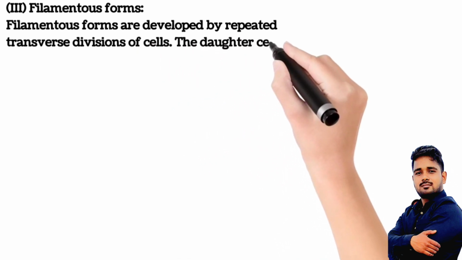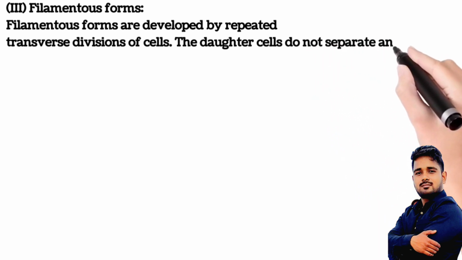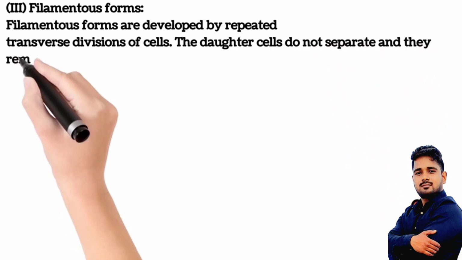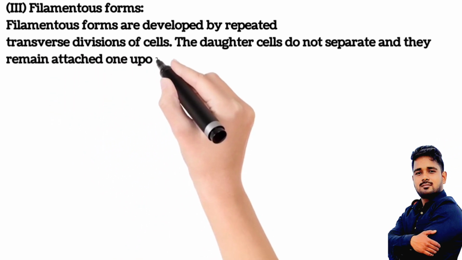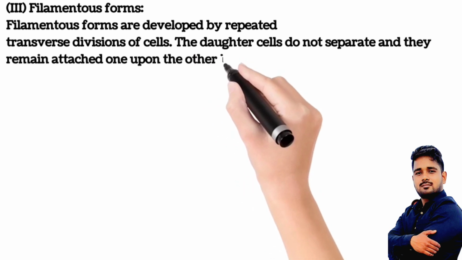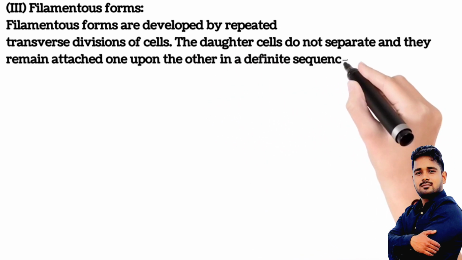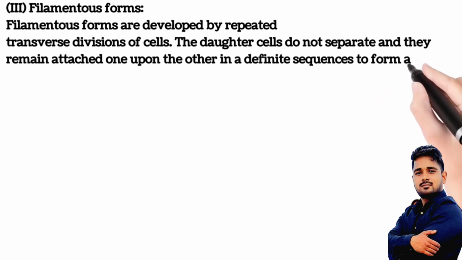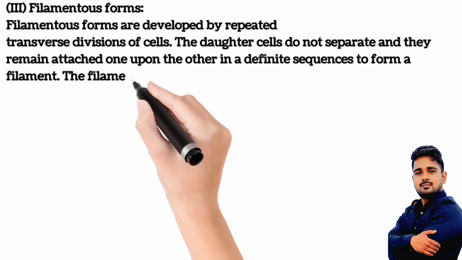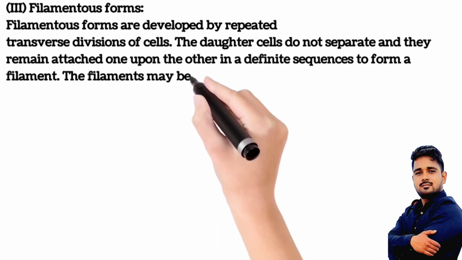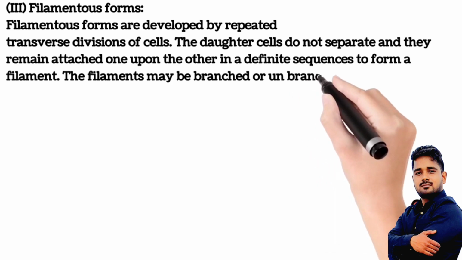The daughter cells do not separate and they remain attached one upon the other in a definite sequence to form a filament. The filaments may be branched or unbranched.